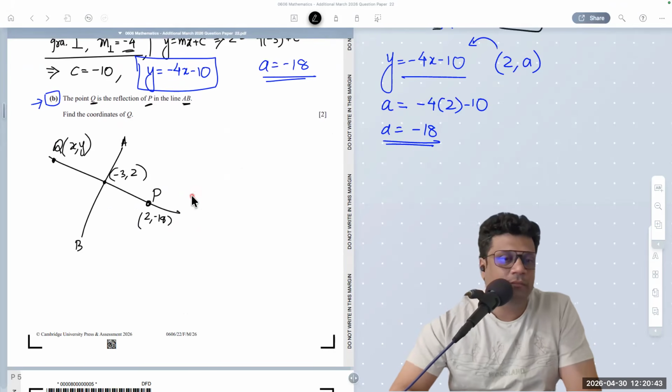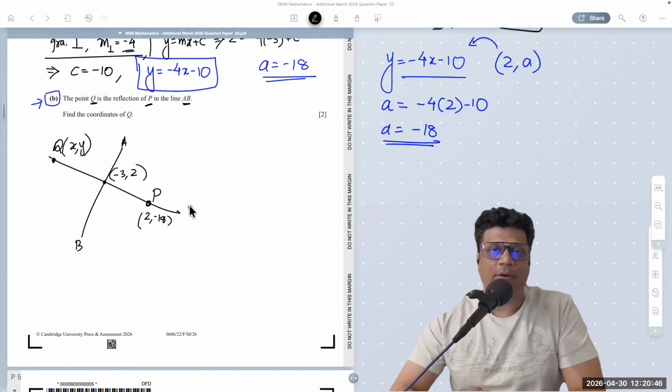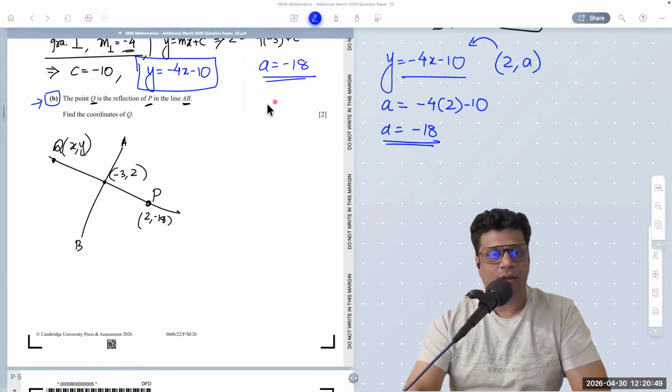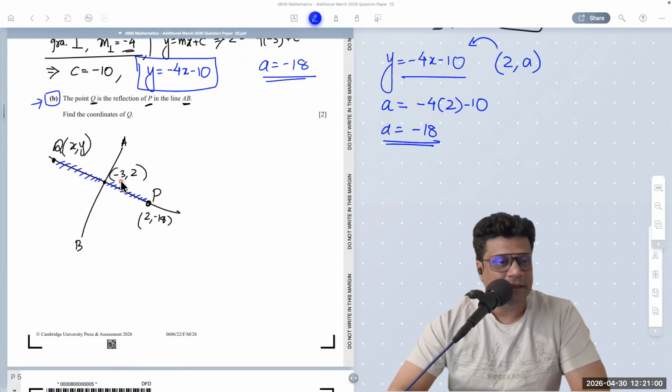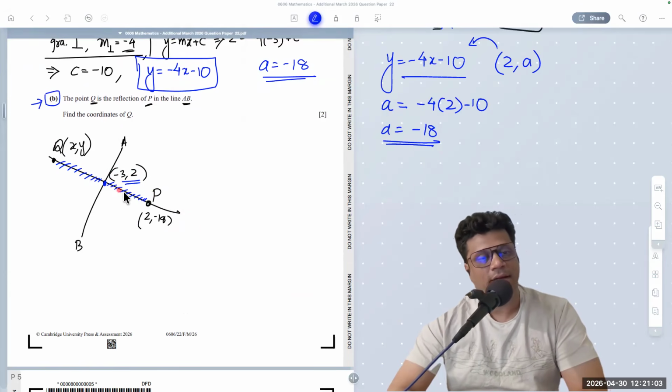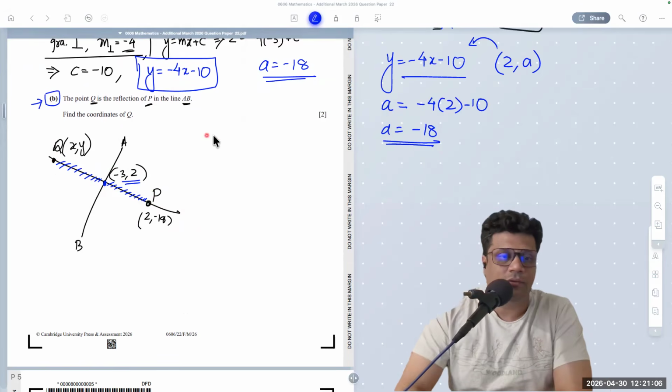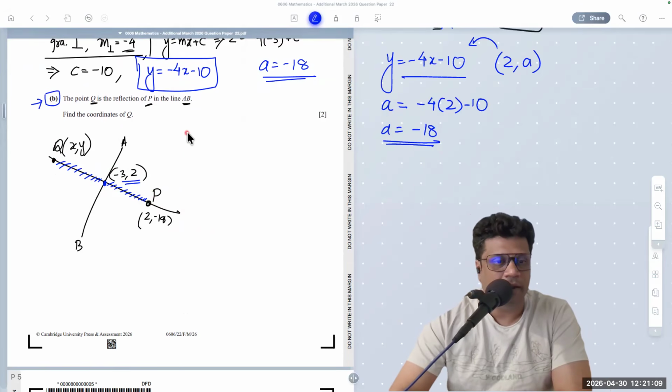So the basic approach for this one is to know that if Q is the reflection of P, this distance is the same as that distance, which means (negative 3, 2) is the midpoint of PQ also. So we're going to use the midpoint formula. Negative 3 is supposed to be x of Q plus x of P divided by 2, which gets you to x equals negative 8.